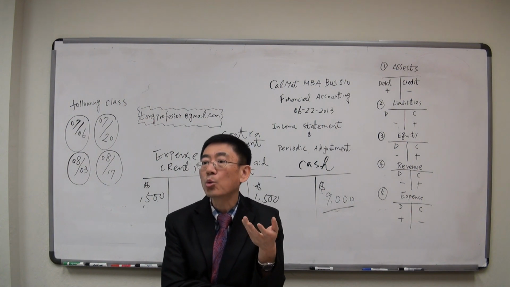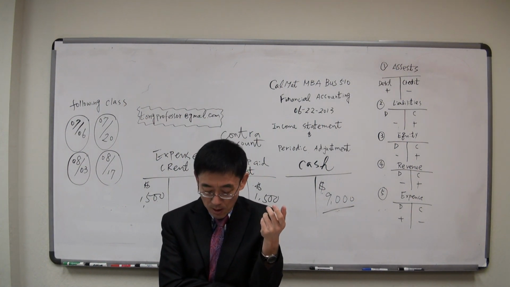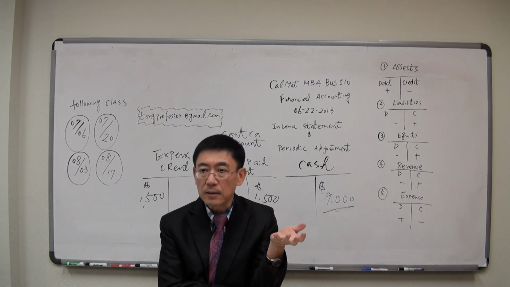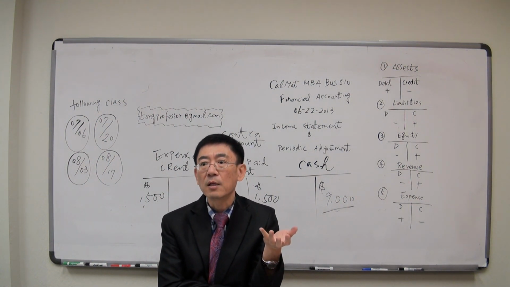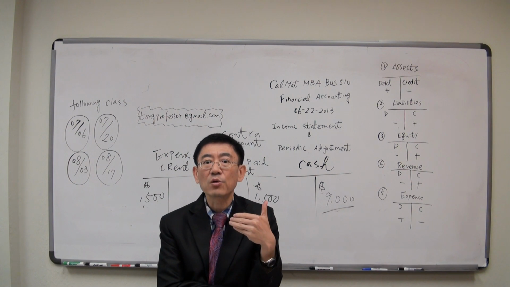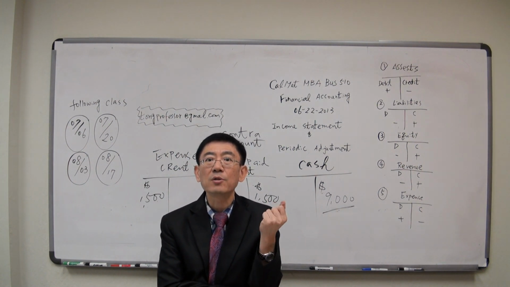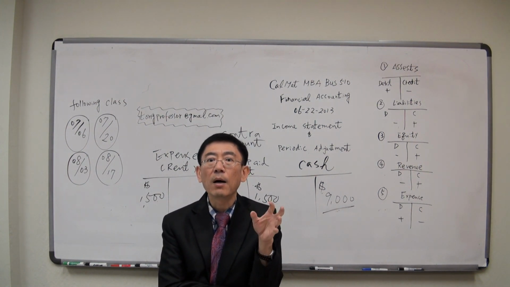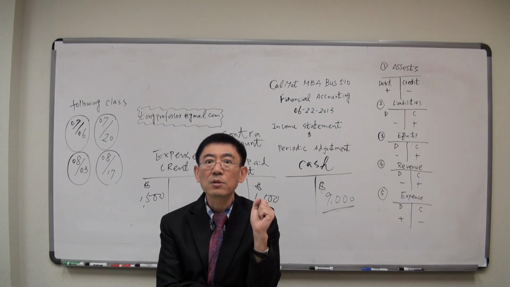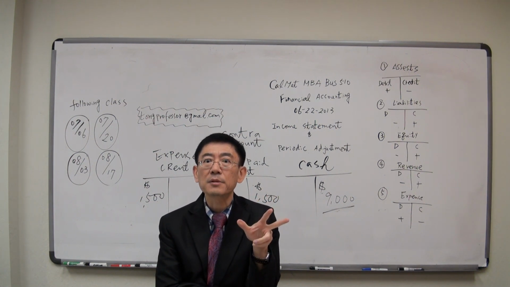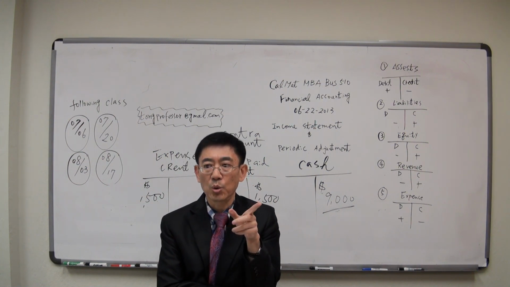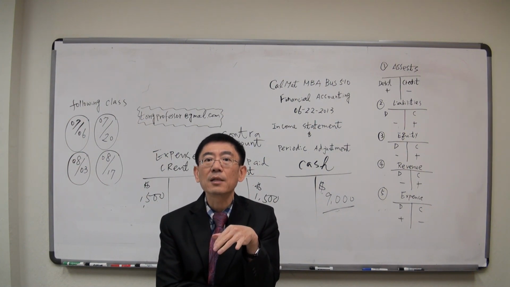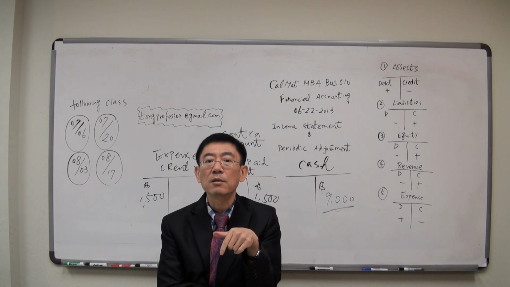The customer owed your company before, and the balance is the franchise revenue. So let me repeat it. Today your company received total cash of 3,500. Among this 3,500, $800 is your customer paying back the money they owe to you, and the balance is the franchise revenue for this period. That means earned.